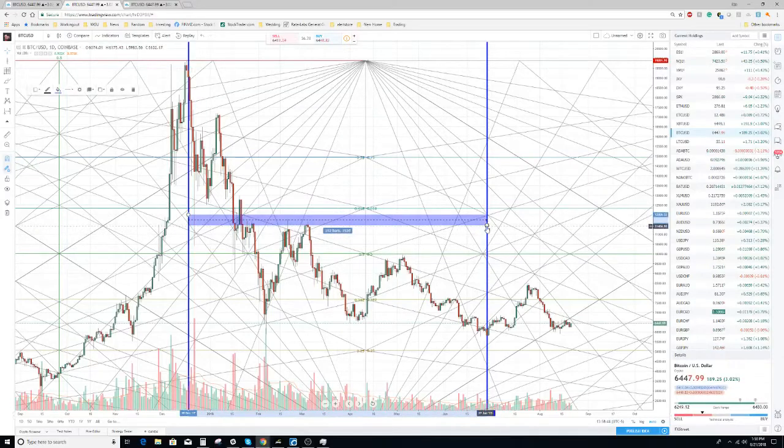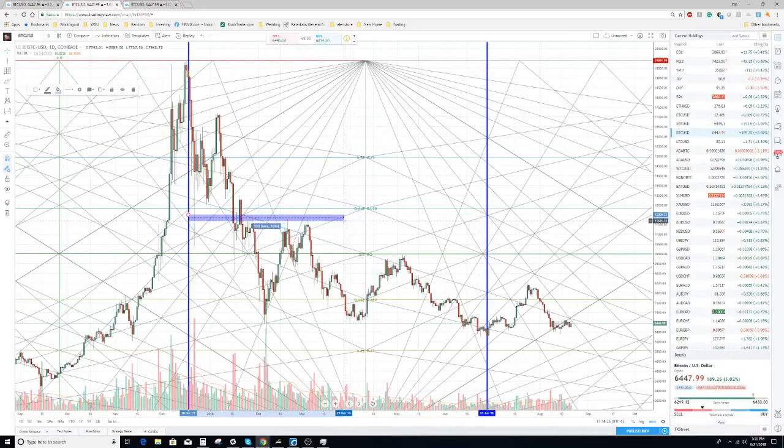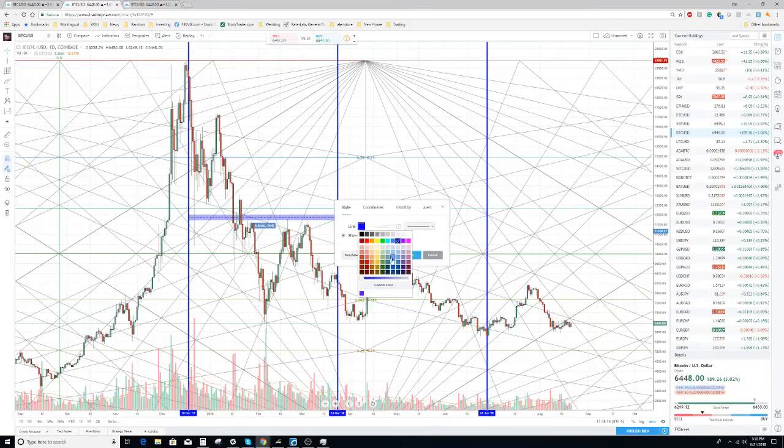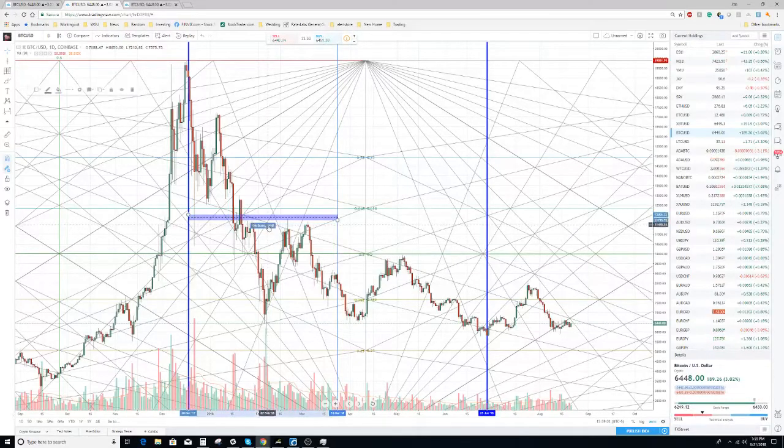Halfway in between 192 is 96. And then I color these lines. The middle line light blue, and I don't make them as thick. You can do whatever you want, but that's what I do.